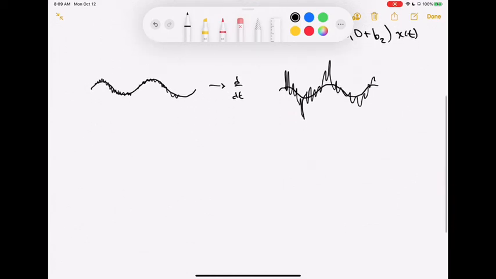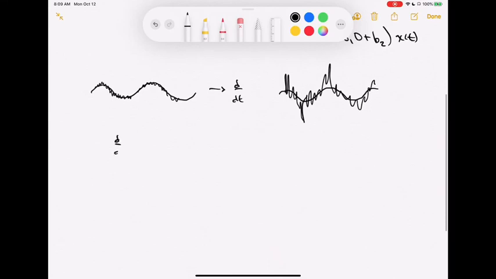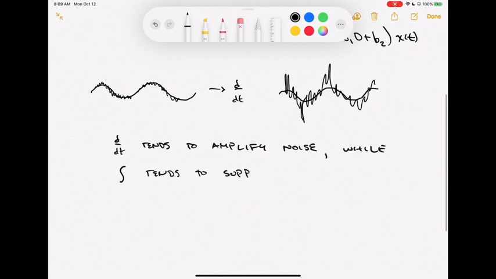I'm just going to make the comment here that d/dt is an operation that tends to amplify noise, while the idea of an integral tends to suppress noise. When you integrate the little tiny oscillations that might be the noise on there, it tends to smooth it out. And so we are going to prefer an integral form.